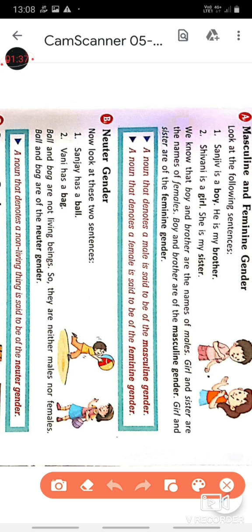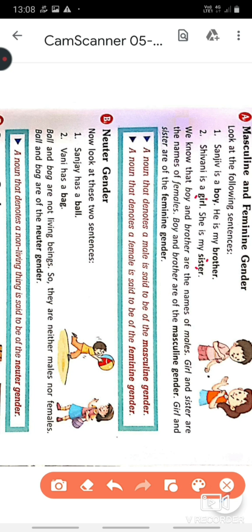Let's take an example. Sanjeev is a boy. He is my brother. Here the word, or you can say here the noun, the common noun boy and brother stands for a boy. And in the next example, the highlighted words girl and sister refer to a girl, or you can say refer to a female.